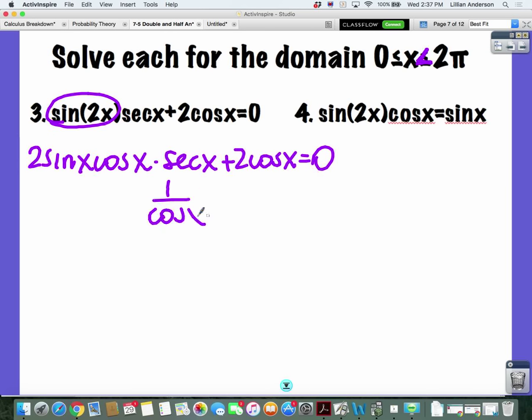A good old reciprocal identity to help you out. Now you have everything in terms of sines and cosines. What do you see? You can cancel out the cosines. Yes, the cosines cancel out. Just one of them. This one.